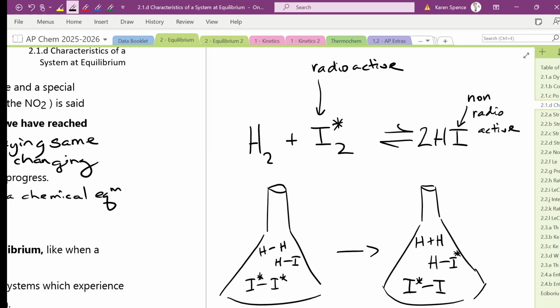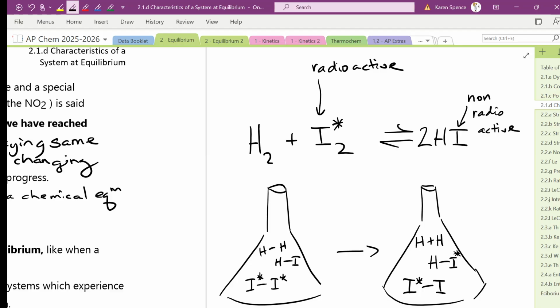And now you can see I've now got HI that has some radioactive stuff in it, and now my I2 is non-radioactive, but it wouldn't just be one particle. On average, 50% of the particles would be one or the other. Something like that anyway.